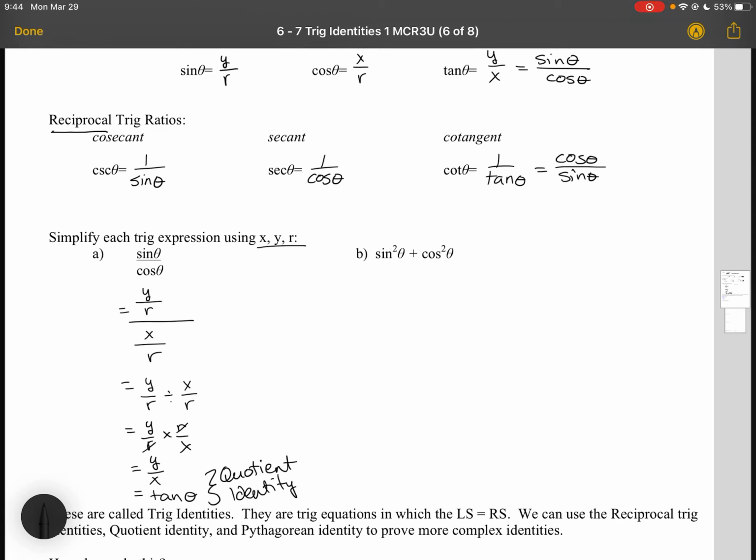And the next one we're going to look at is called the Pythagorean identity. So I'm going to start by replacing sine theta with y over r all squared, and then cos theta with x over r all squared. Now applying that squared, I get y squared over r squared plus x squared over r squared, and then I can add the numerators together because I have a common denominator.